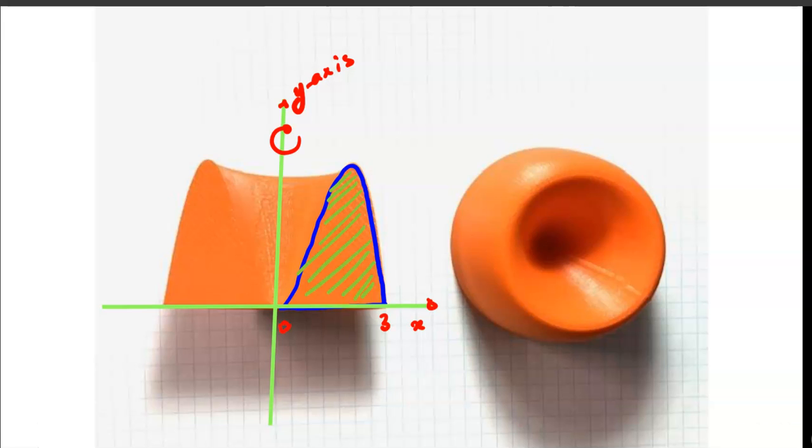And then this function, if we go back to the equation that we are working with, it is the function of 3x squared minus x cubed.